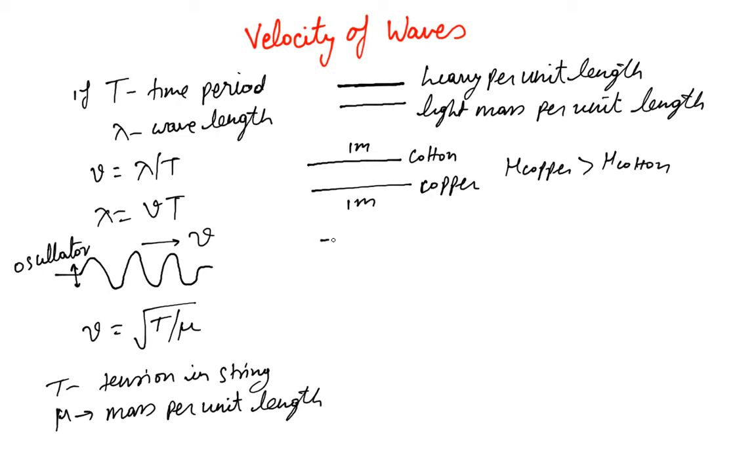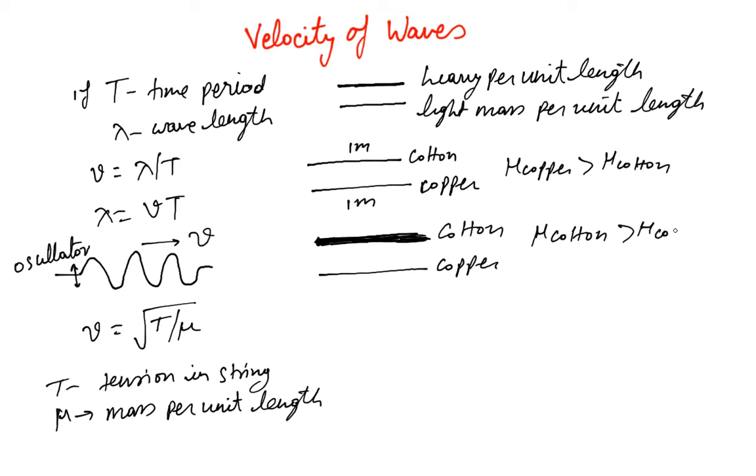Or if you really want a different example, let's say you have a very thick rope made up of cotton, and another rope made up of copper. Then it may happen that mu of cotton is more than mu of copper. So it's all about how much is the mass of 1 meter of rope.